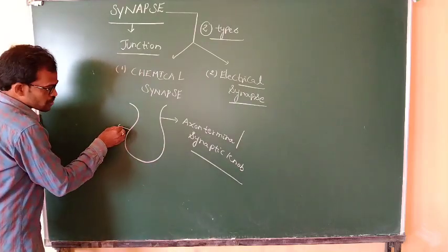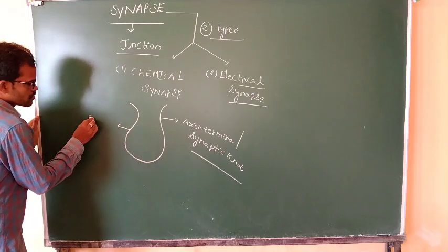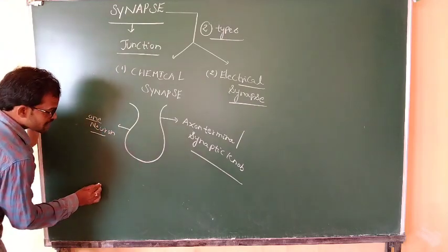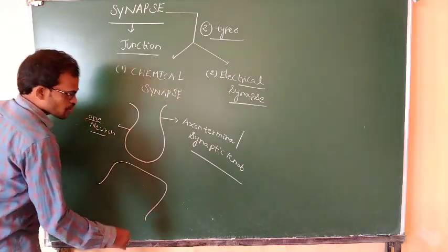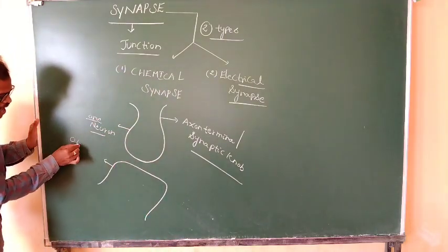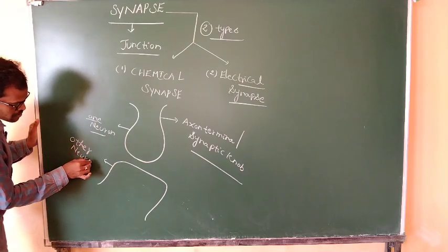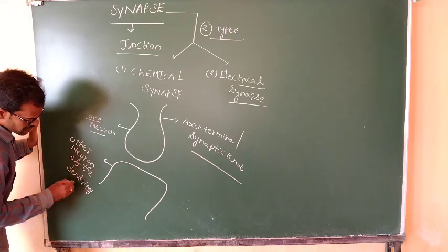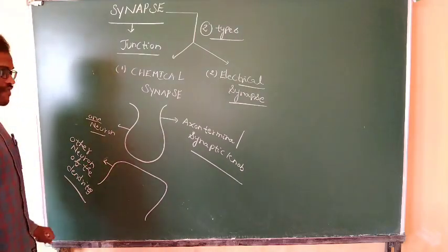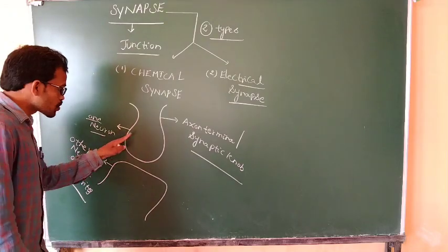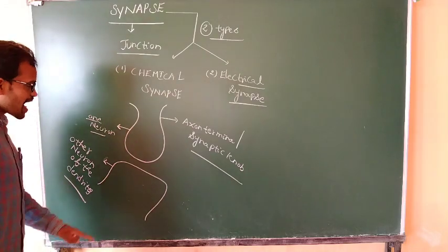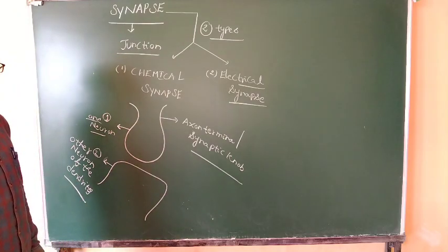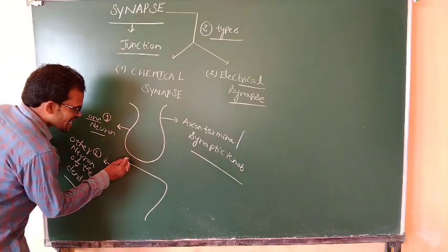It is the one neuron's axon terminal or synaptic node. This is the dendrites of the other neuron. It is the one neuron, it is the second neuron. Both neurons communicate with the help of chemicals.